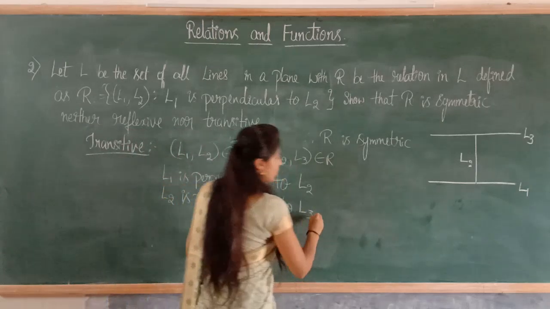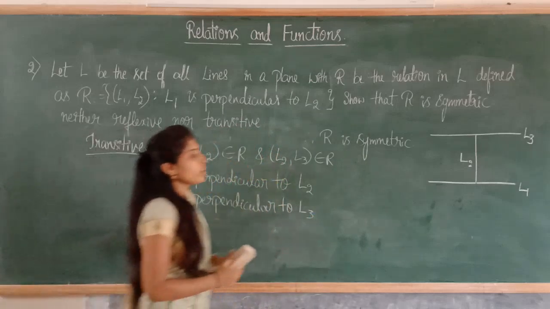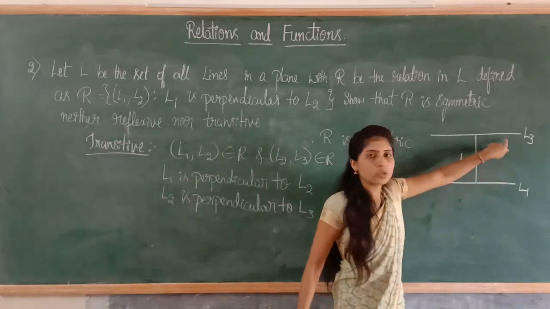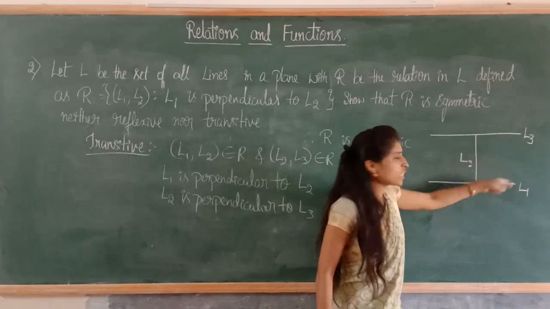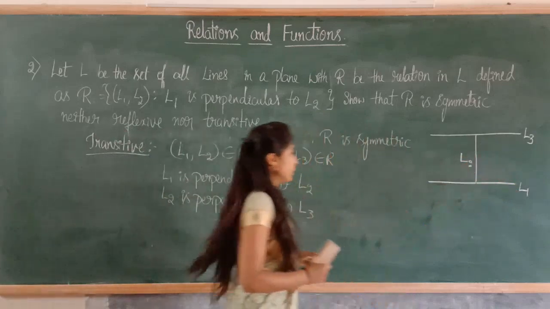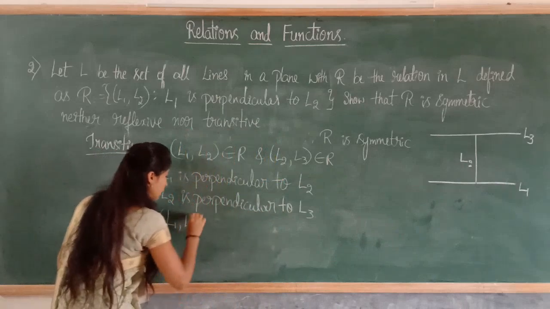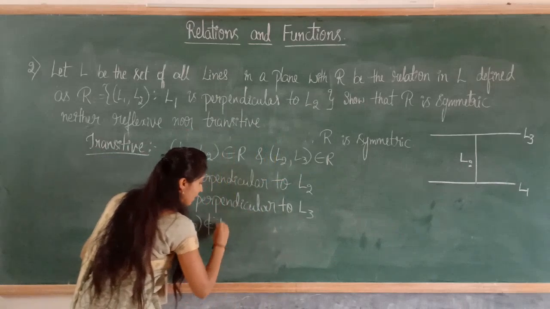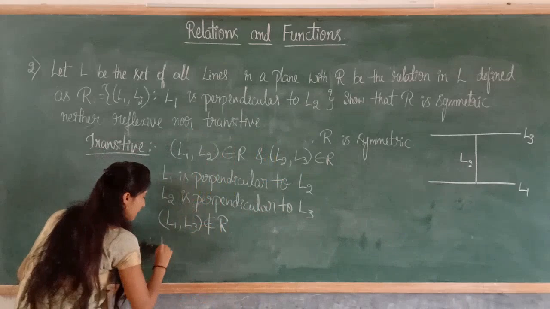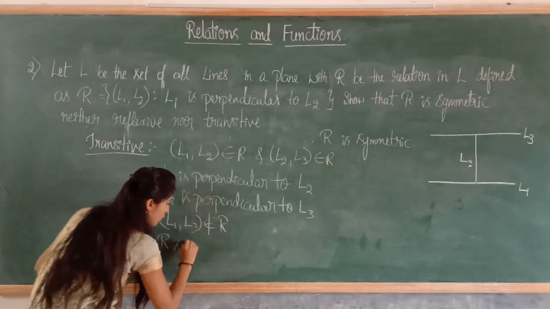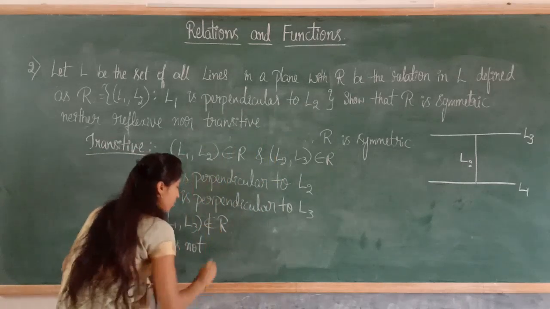But see here, L1 is not perpendicular to L3. In fact, L1 is parallel to L3. So (L1, L3) does not belong to R here. So the given relation R is not transitive.